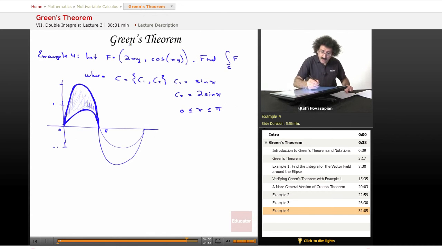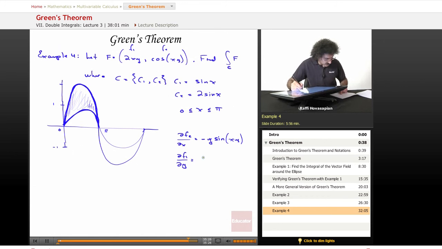Well, so this is f1 and this is f2. Let's go ahead and do df2 dx. If I take the derivative of this with respect to x, I'm going to get minus y times sine of xy. And if I take df1 dy, I'm going to end up with 2x.